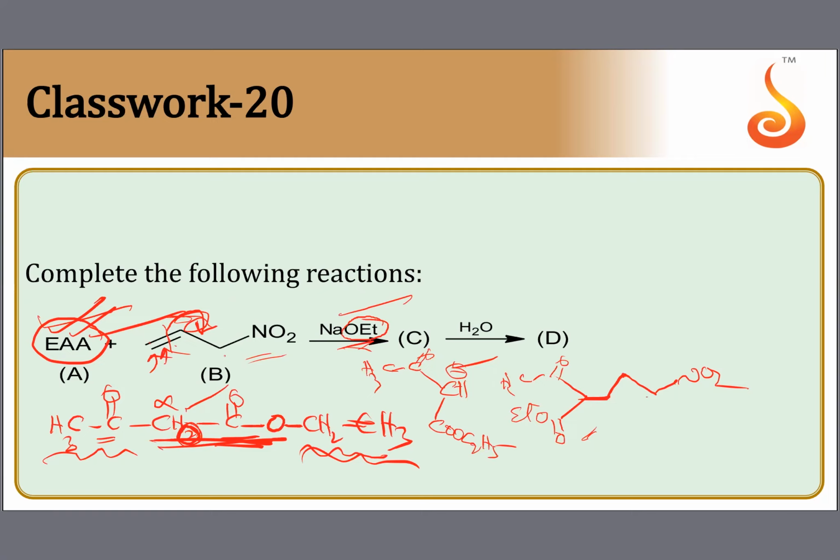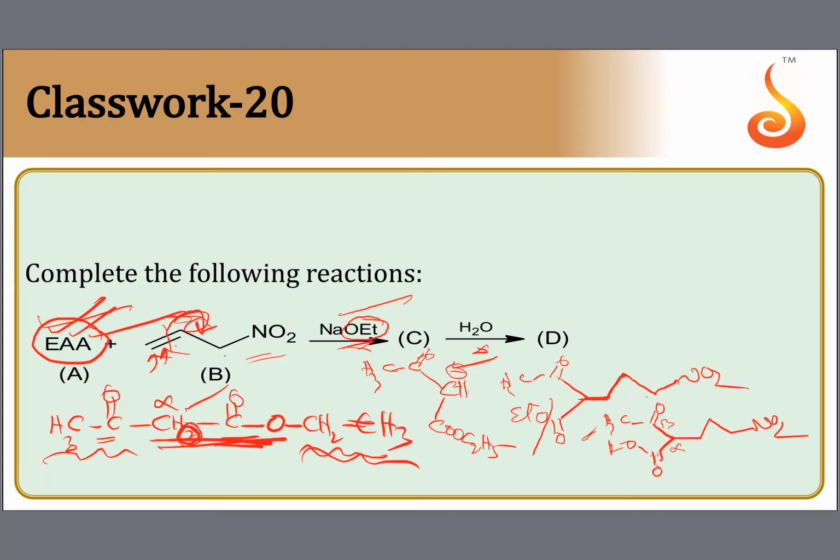During the hydrolysis, ester will undergo hydrolysis to give acid, no? Beta keto acid. That beta keto acid again on heating undergoes decarboxylation. First it undergoes hydrolysis. COCH3, beta keto acid. With respect to acid, this is alpha carbon, this is beta carbon.